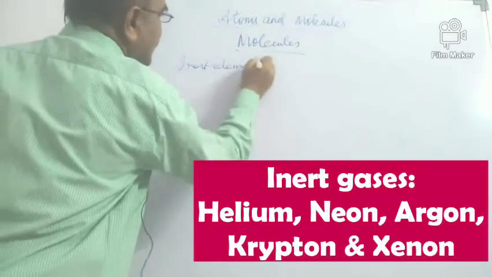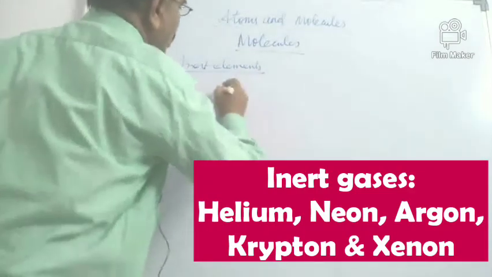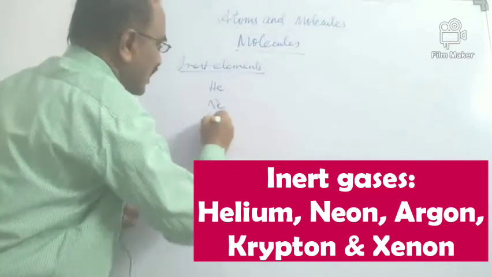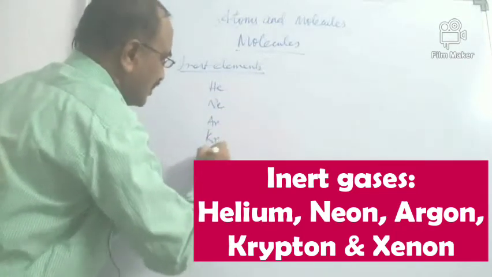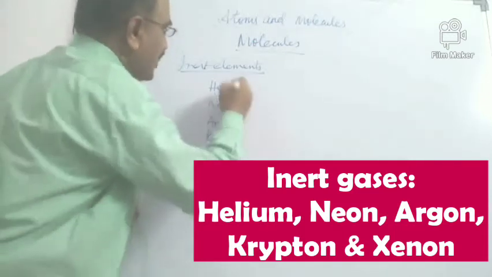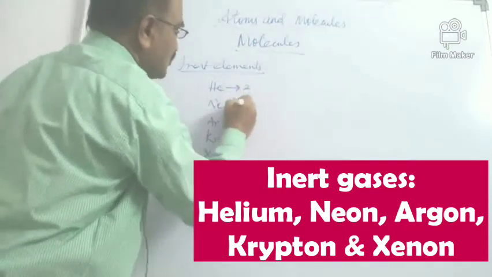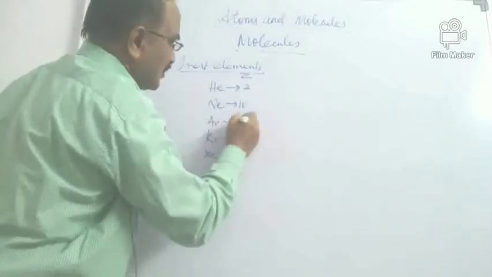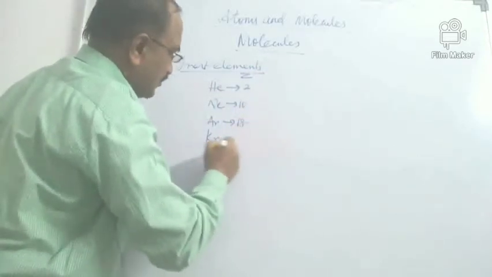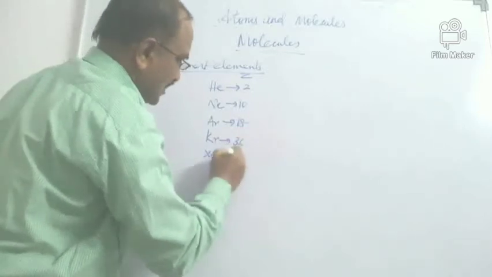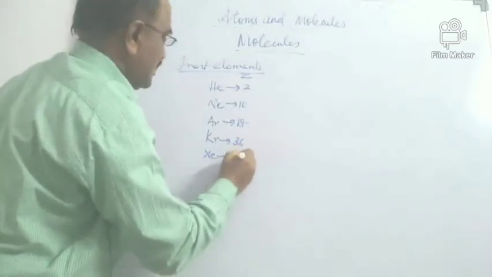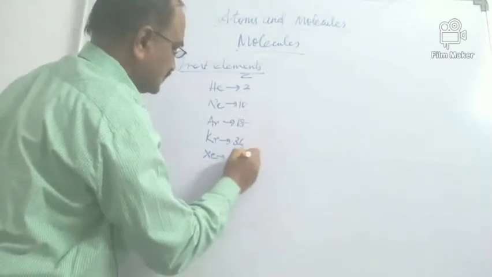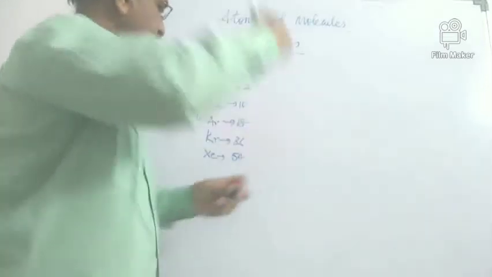Okay, children, inert elements. When you carefully observe these inert elements like helium, neon, argon, krypton, and xenon, we find that the atomic number of helium is 2, neon is 10, argon is 18, krypton is 36, and xenon is 54. Right.